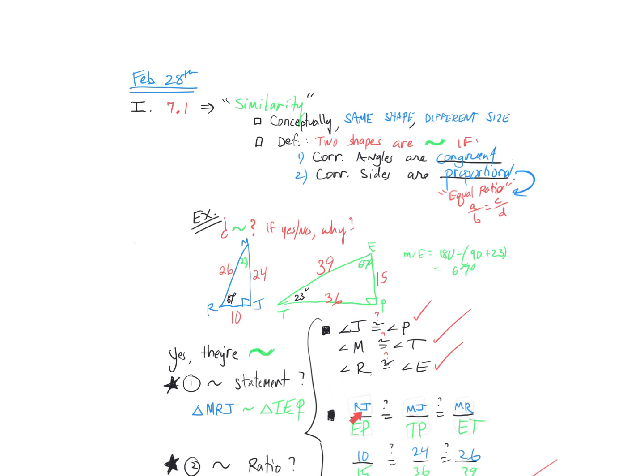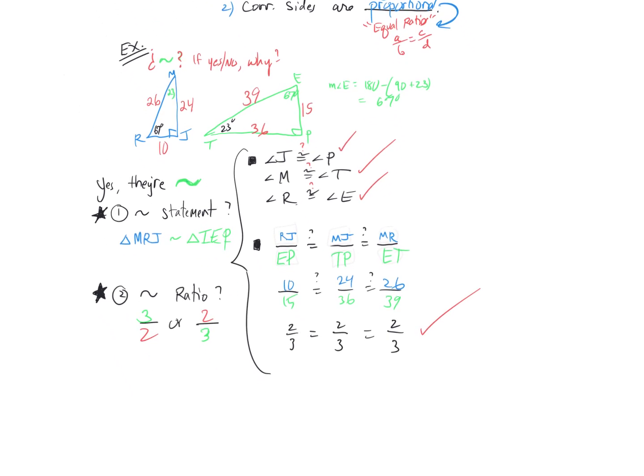Now we need to check to see if the corresponding sides are proportional. So we'll take RJ, the shortest side. Who does it correspond to? The shortest side, EP. So RJ to EP. All right, and then from the blue triangle, the middle side, MJ, that corresponds to TP.